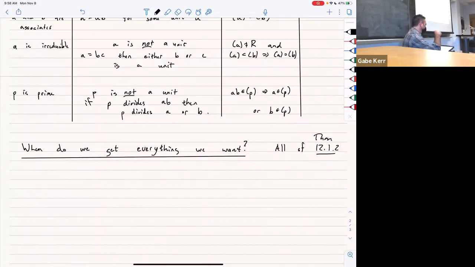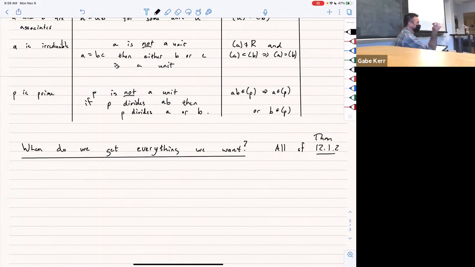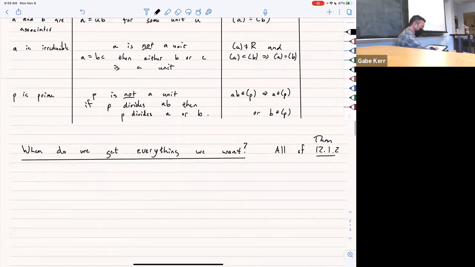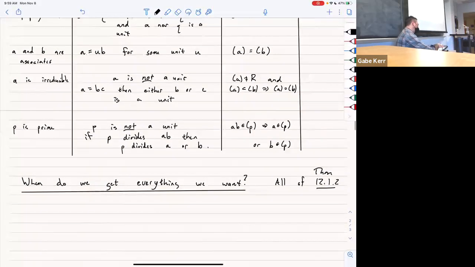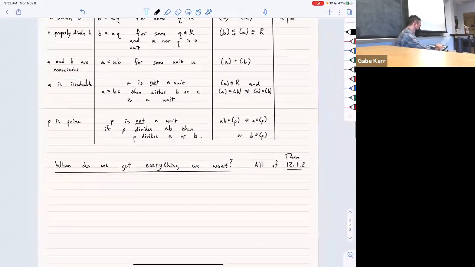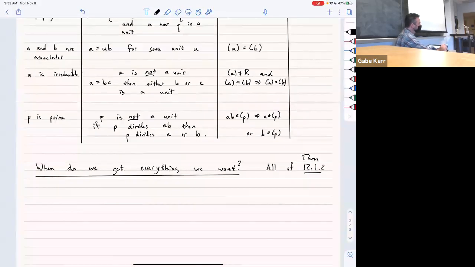Well, you might think, okay, we've had this notion of a PID, and so maybe it works for all PIDs. Maybe. What we can do, though, definitely, is it does seem to work for two examples that we have at our fingertips: integers and polynomials with coefficients.